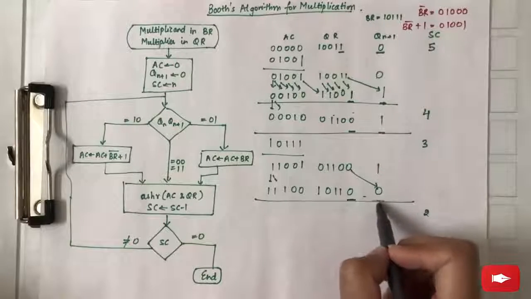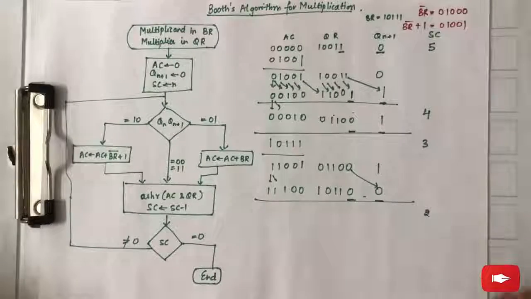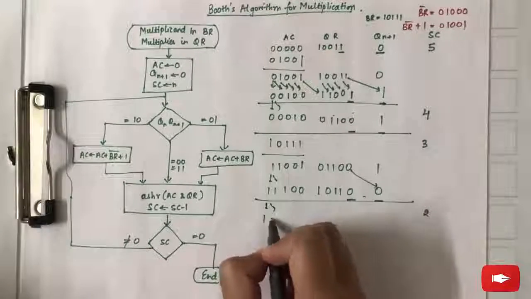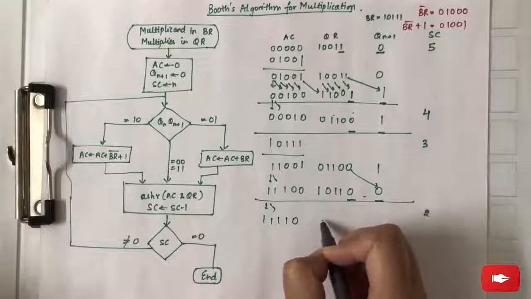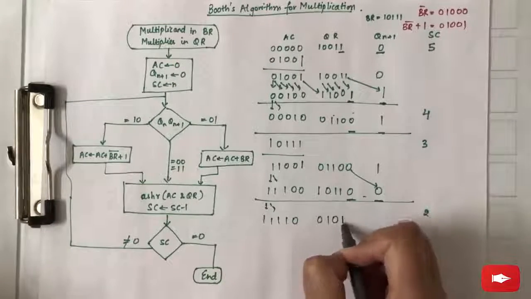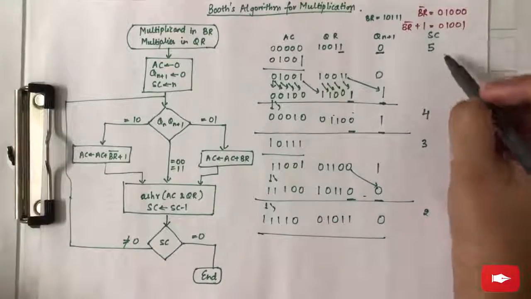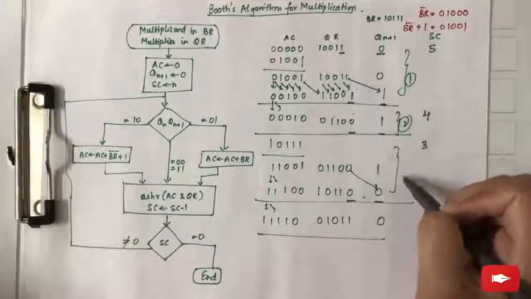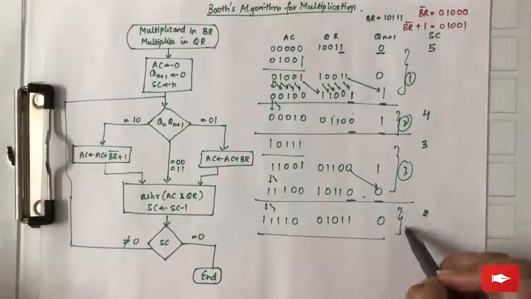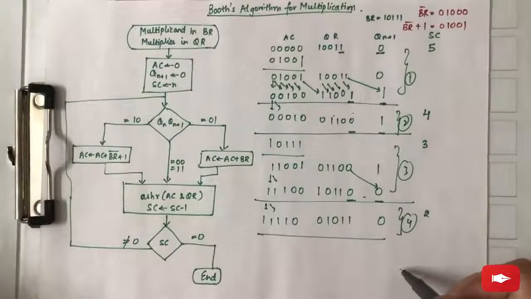Now again checking the value, 0, 0, that means a simple arithmetic shift right has to be done. Now the number of steps, this was your first, second, third, fourth step completed. That means a last step has to be performed.